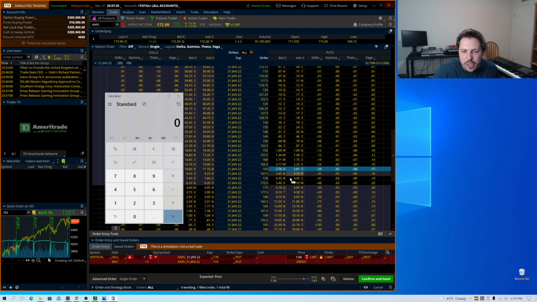This is a 5-point spread. We're getting $1.60 credit, right? So a 5-point spread minus our $1.60 credit gives us $3.40 of risk times 100 shares. It's $340 of risk, right?